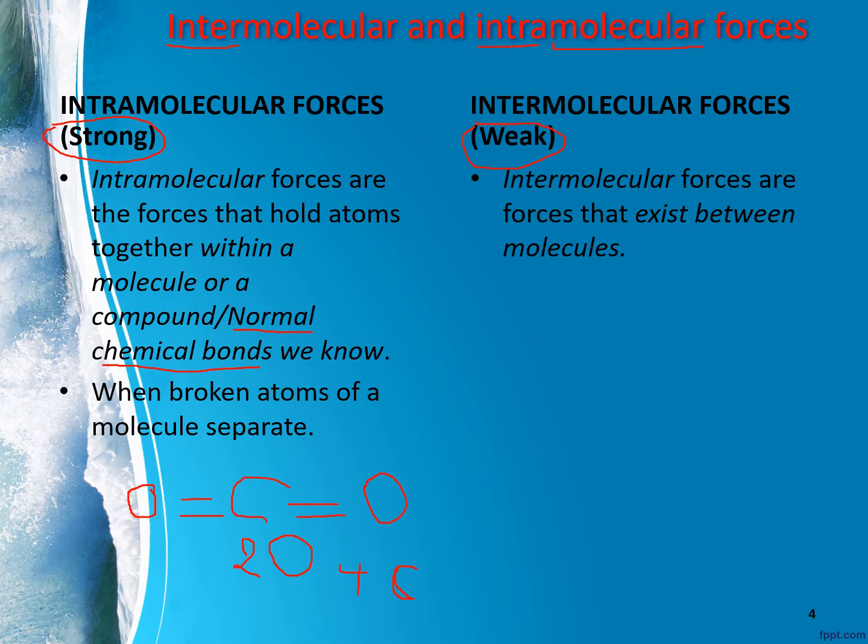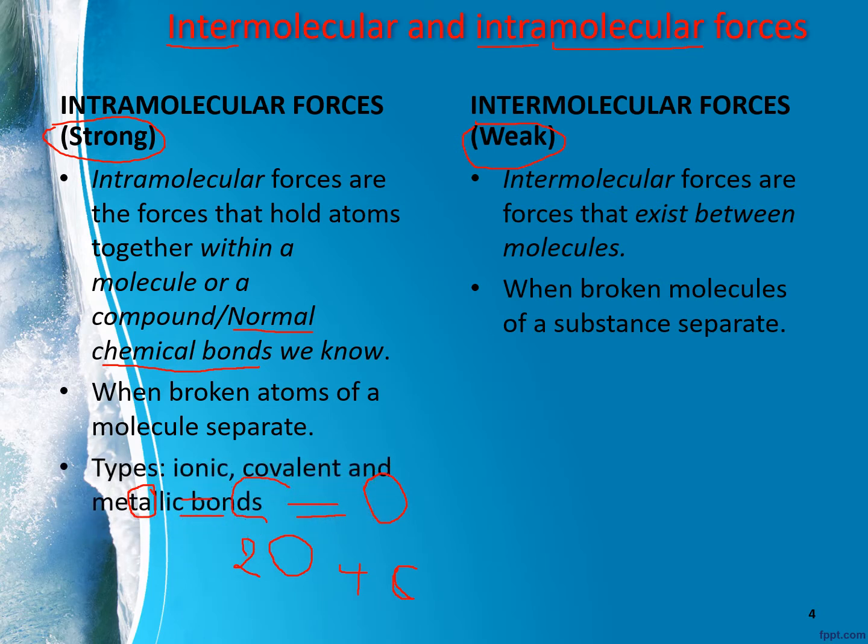But what happens when you break intermolecular forces, the forces which hold molecules together in a substance? When you break them, the molecules will be separated, but the atoms within the molecule will stay there. You don't break the molecules, but you separate molecules in the substance.